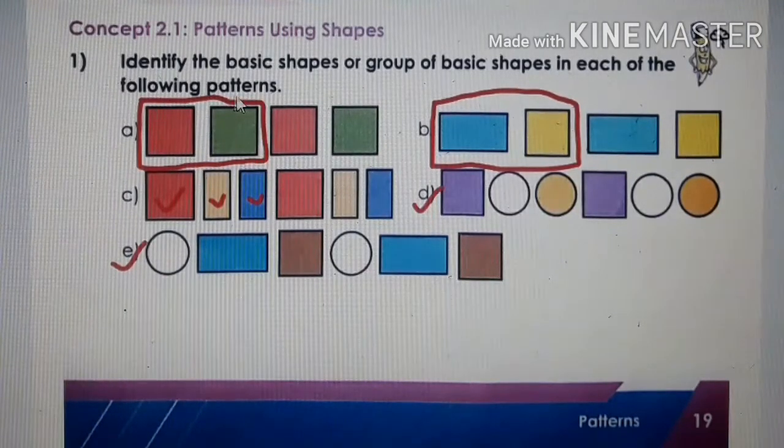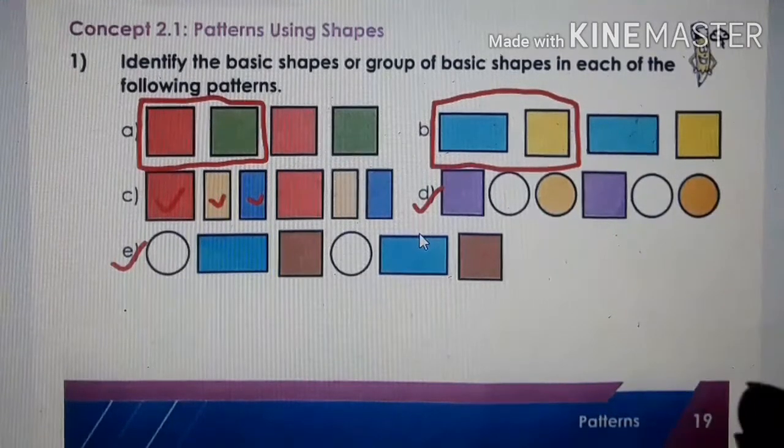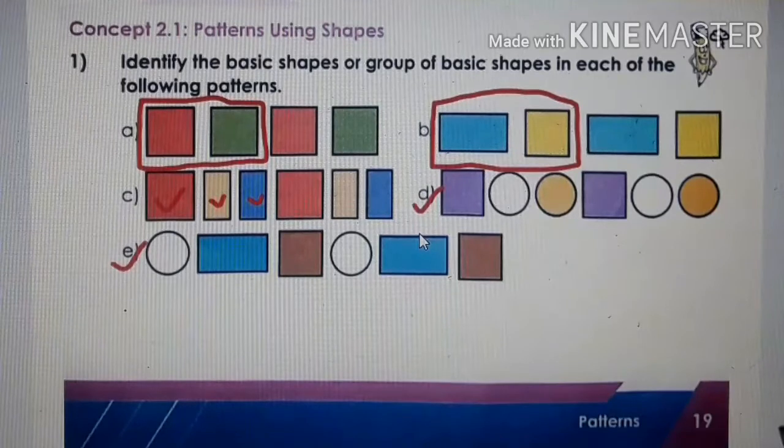So you just draw which two colors are repeating. You just draw the boundary there. Clear? Similarly, you are going to do B, C, D, E. Understood, children? In this question, what are you going to do? You are going to identify the basic shapes or the group of shapes which are repeating. Okay? And you are going to draw a line there. Clear?